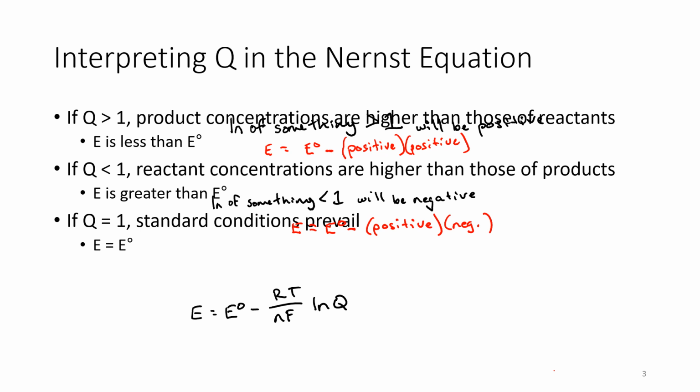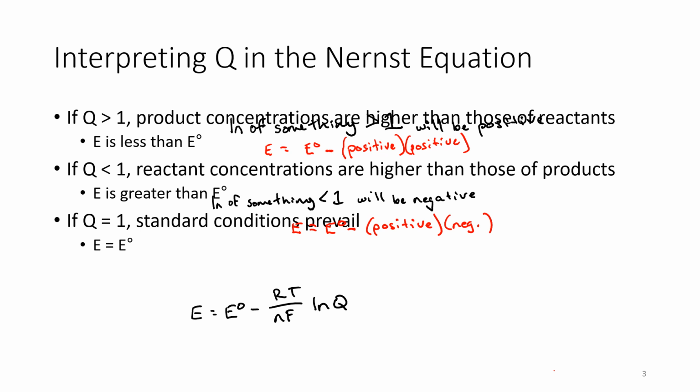Well, E naught minus a positive times a negative is E naught minus a negative. Well, that's like adding. So thus the E, our new voltage, has to be greater than our standard voltage.